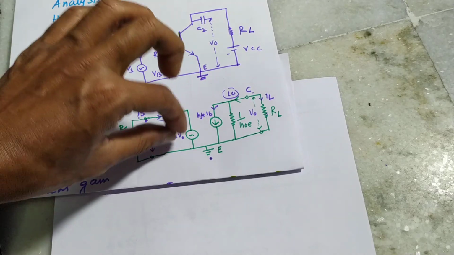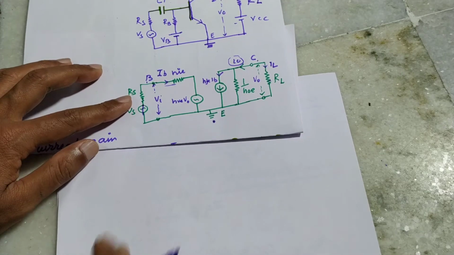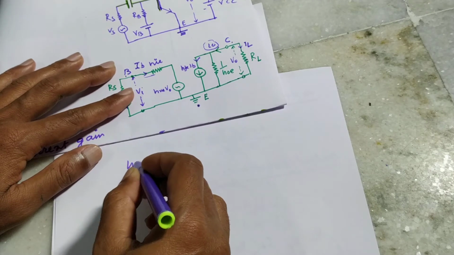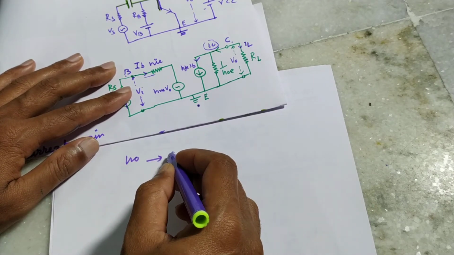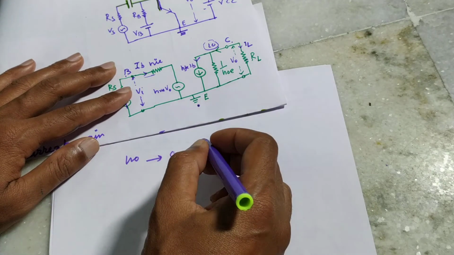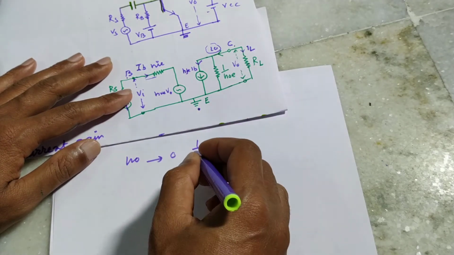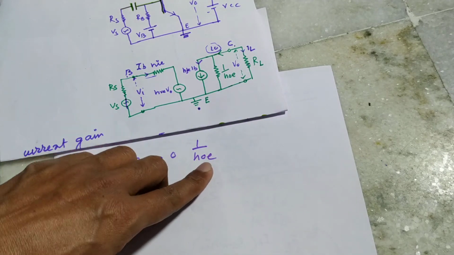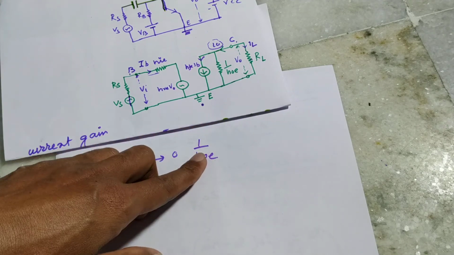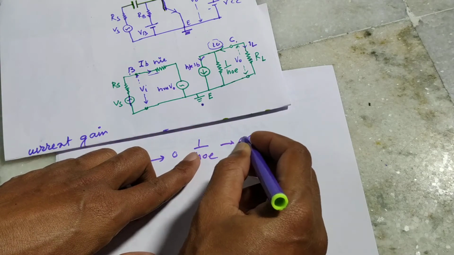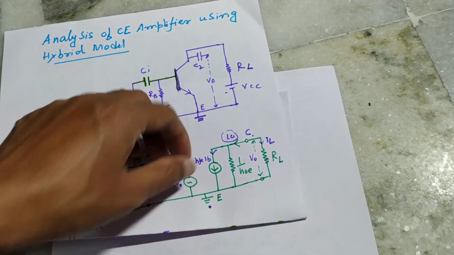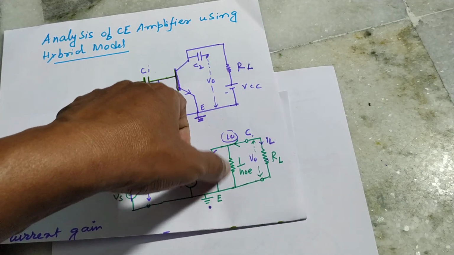This term will be very small. And HOE is also very small, tends to 0. Okay, and since here the admittance parameter of the load is 1 by HOE, and HOE is very small, 1 by HOE will be very high, tends to infinity. And since it appears in parallel to the load, it behaves as an open circuit.